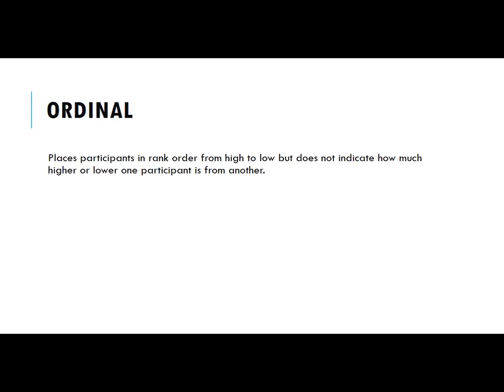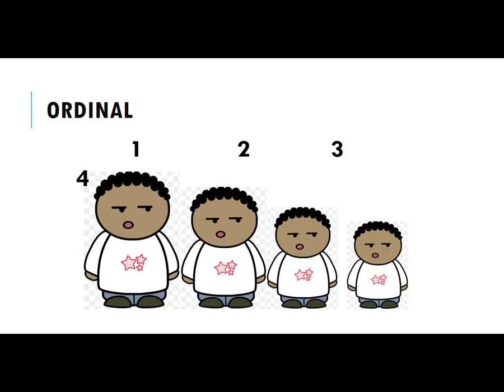Ordinal. Ordinal places participants in rank of order from high to low, but does not indicate how much higher or how much lower one participant is from another. Okay, so, sorry, the numbering got off here a little bit. This is 1, 2, 3, 4.